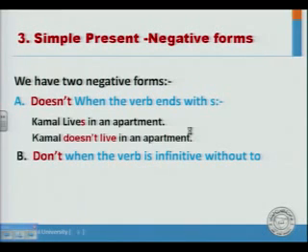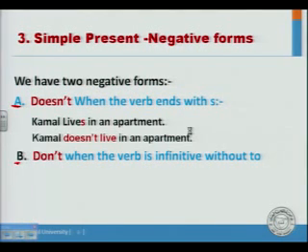We have two forms in negative situations, A and B. The first one we use doesn't, and the other one we use don't, only doesn't or don't when the verb is simple present.